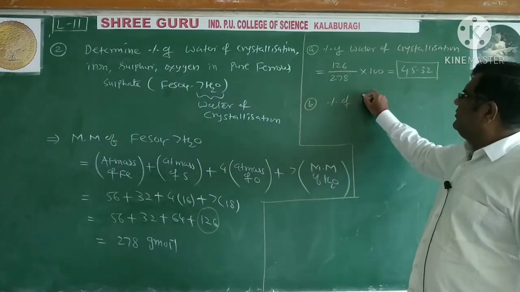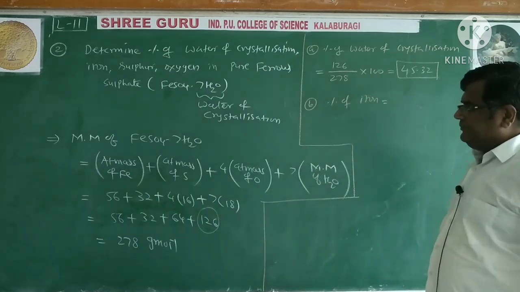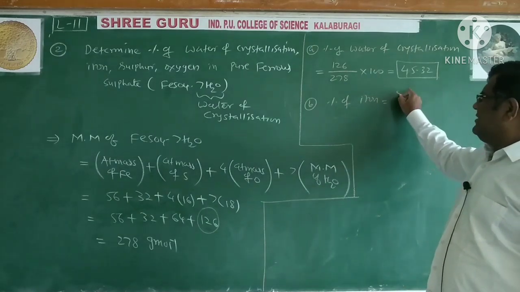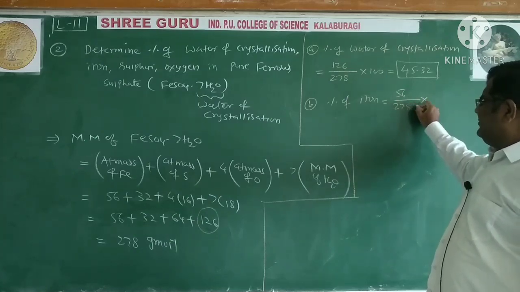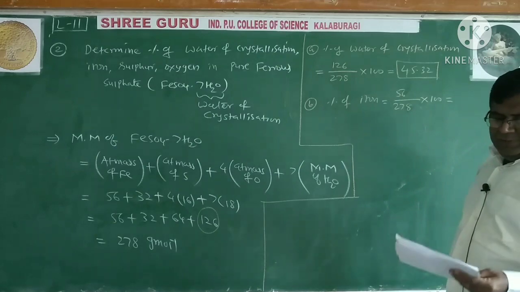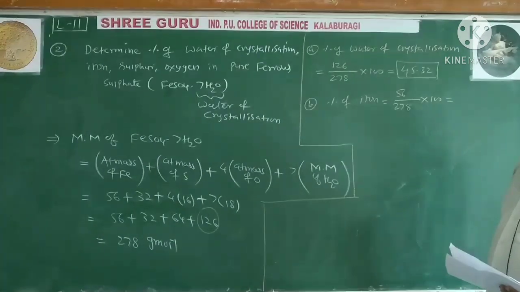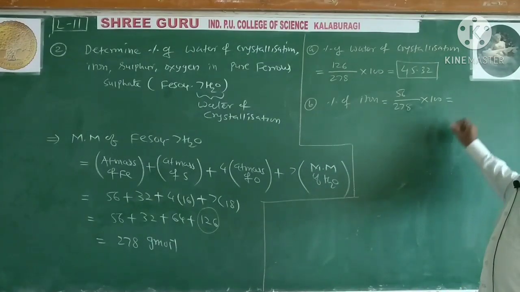Percentage of iron: 56 divided by 278 multiplied by 100, that is 20.14.